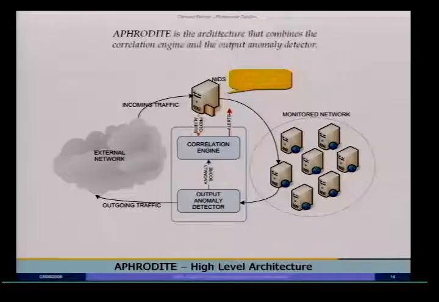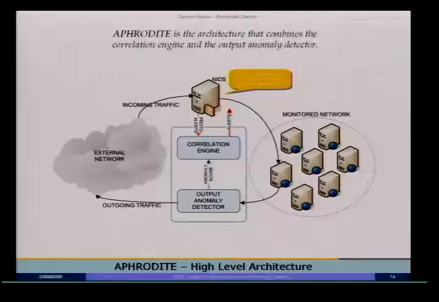This is the normal configuration that we have. This NIDS is not immediately forwarding every kind of alert to the IT personnel; instead, it is forwarding a proto alert. So it's not confirmed yet that this is an alert.